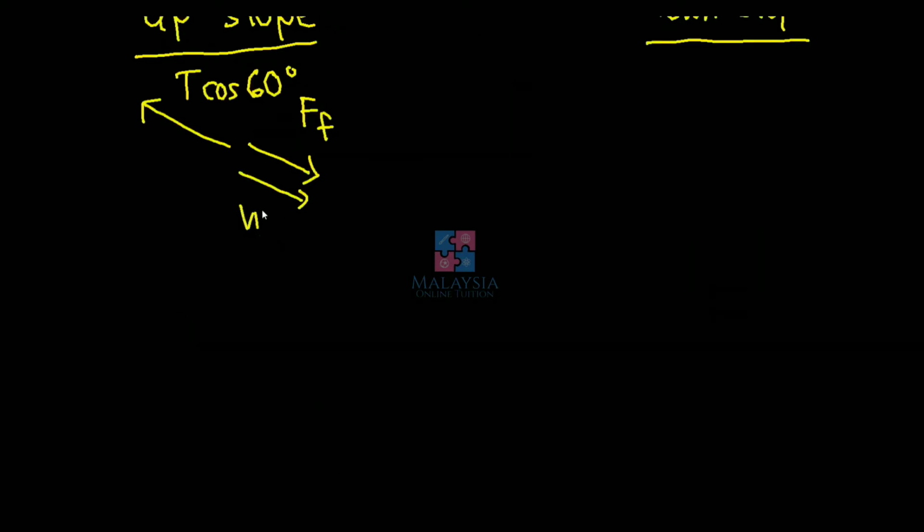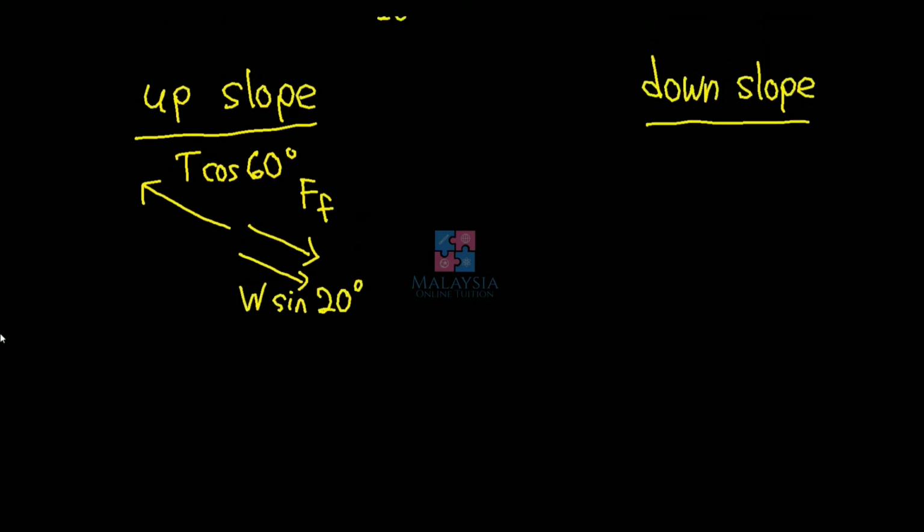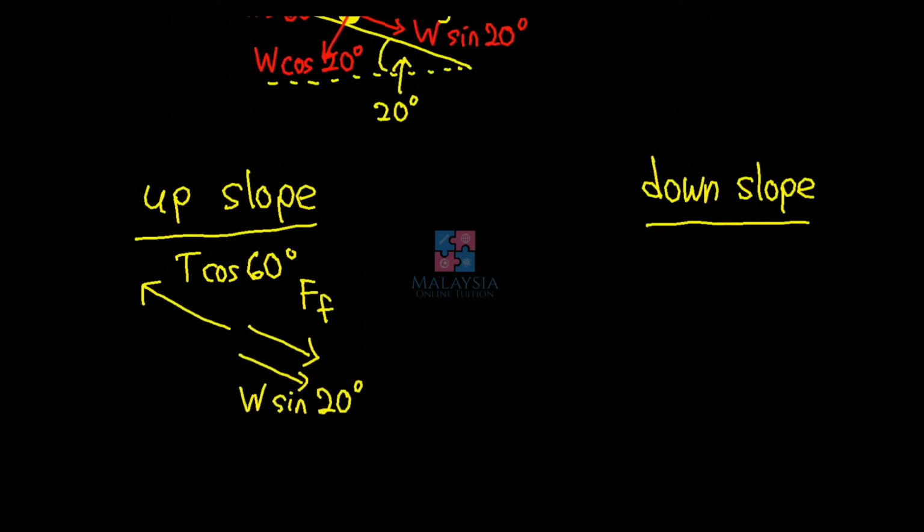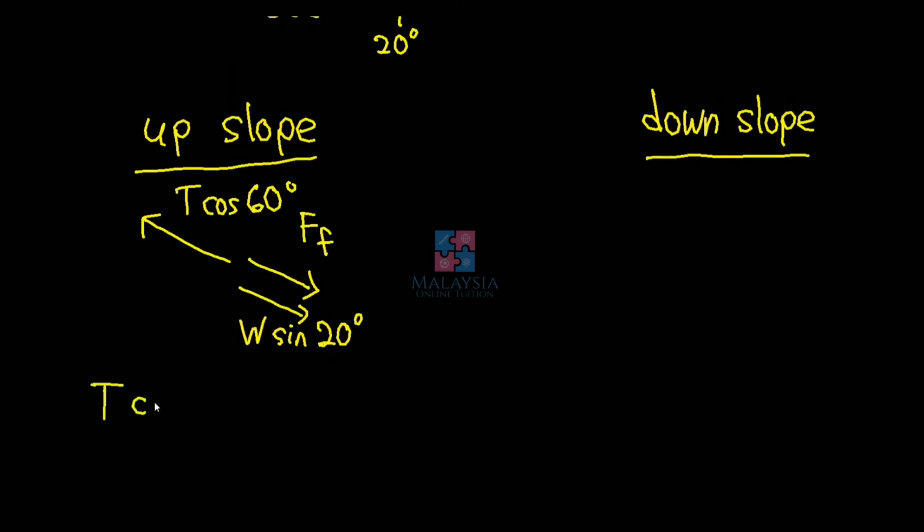So now we can have the equation of our F equals ma. T cos 60 degrees equals the frictional force, and then plus W sine 20 degrees.